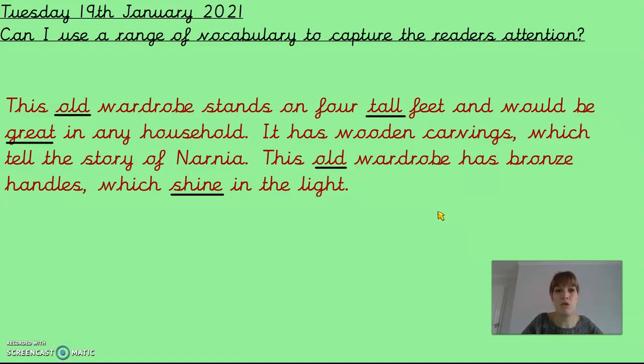So this old wardrobe stands on 4 tall feet and would be great in any household. It has wooden carvings which tell the story of Narnia. This old wardrobe has bronze handles which shine in the light. It's not too bad. I probably could develop my sentences a little bit further, but I think I want to just focus on my vocabulary.